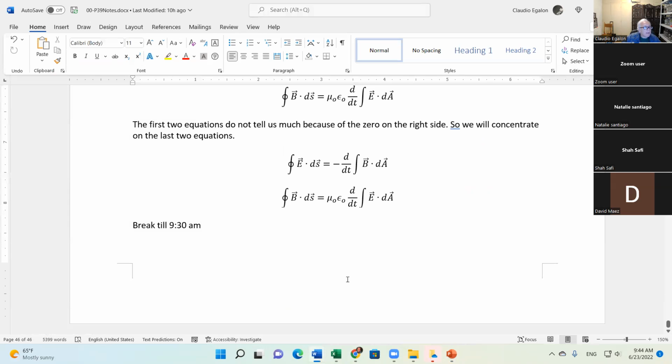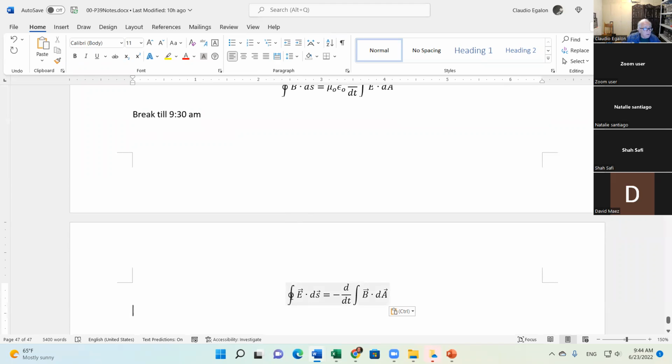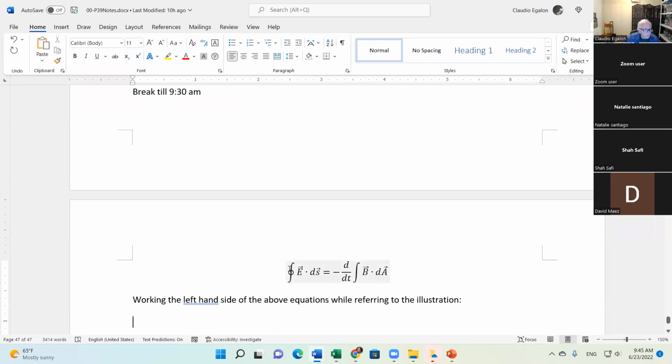Going back to my notes, this one here. We're dealing with this one right now. Working the left hand side of the above equation while referring to the illustration. Right? Here you go.